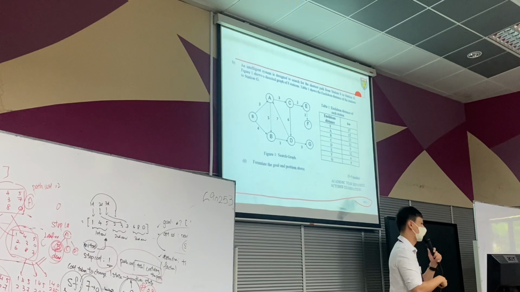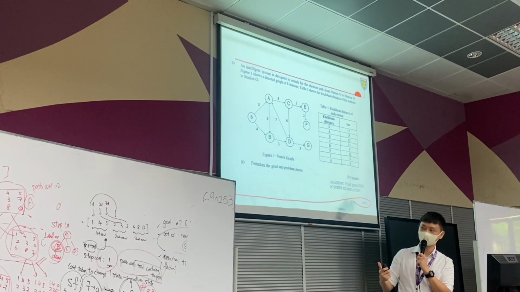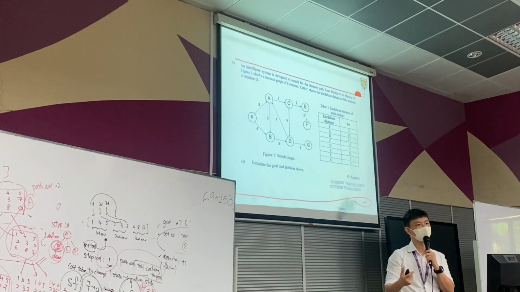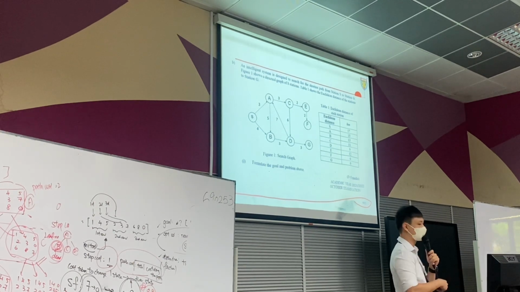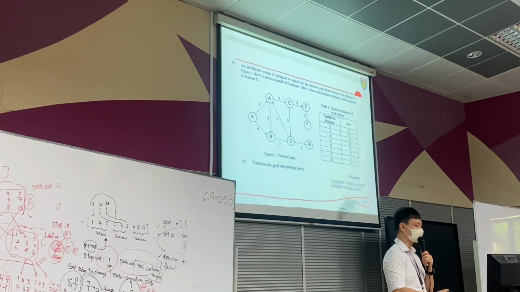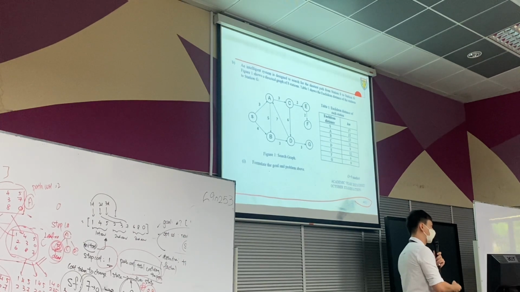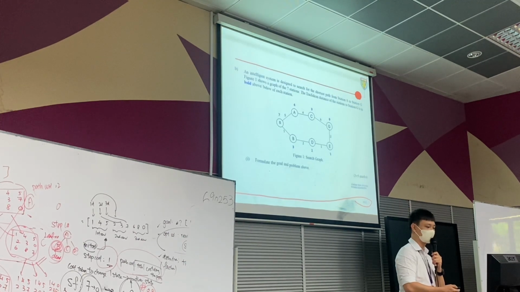So what else? You have initial state, successor function, path, how to display the path, step cost, path cost, you finish. Done. Then you get 8 marks. Easily, 8 marks.